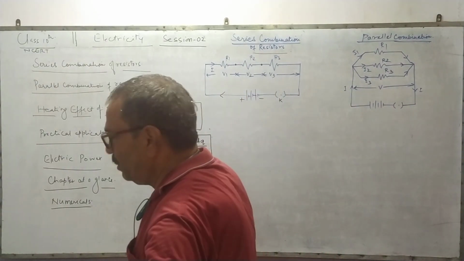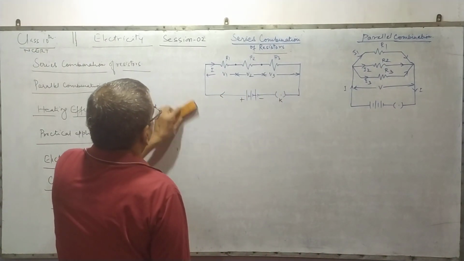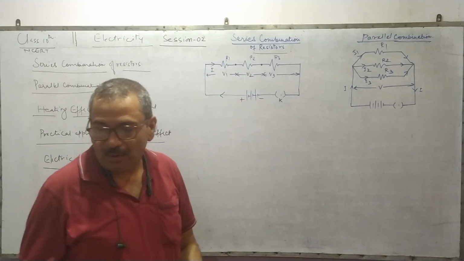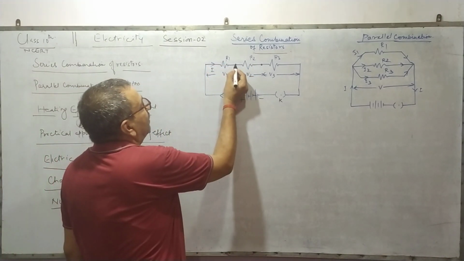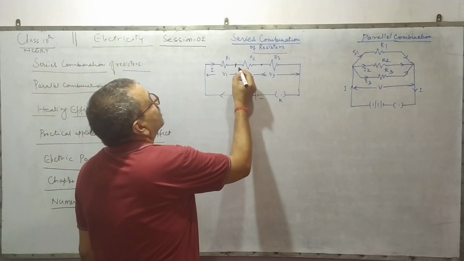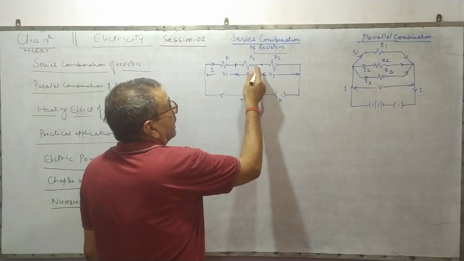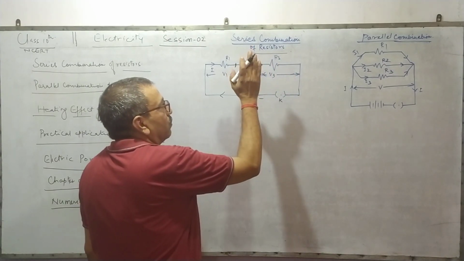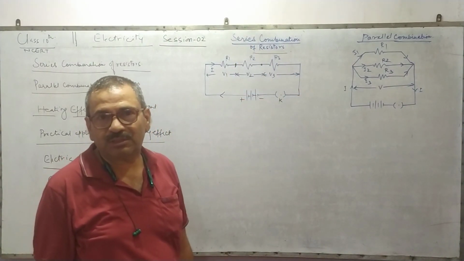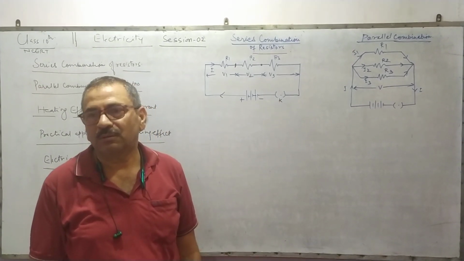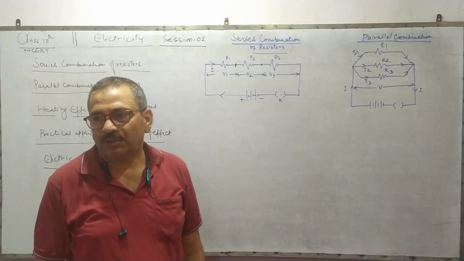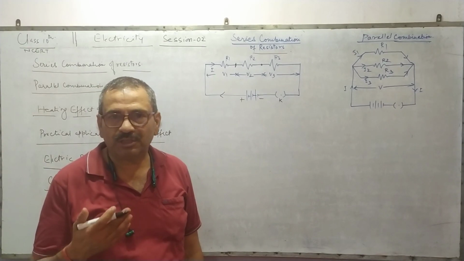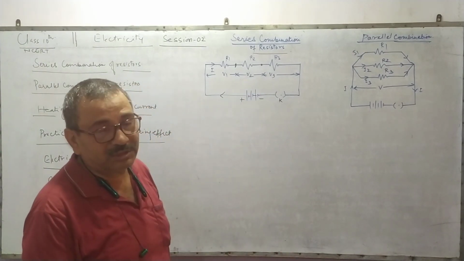What do you mean by series combination? Figure shows the situation when the second end of the first resistor is connected with the first end of the second resistor, and the other end of the second resistor is connected to the first end of the third resistor. This is known as series combination of electrical resistances.